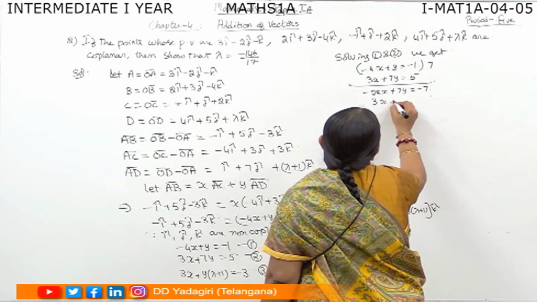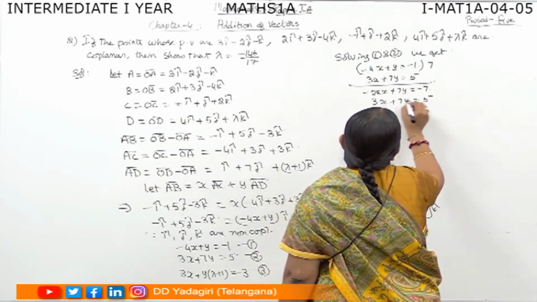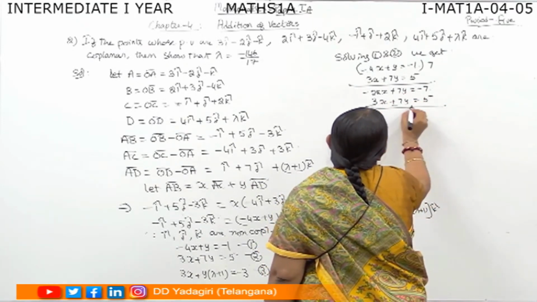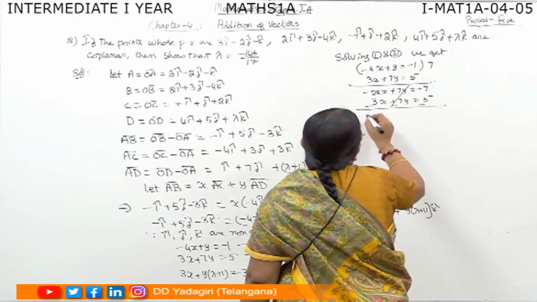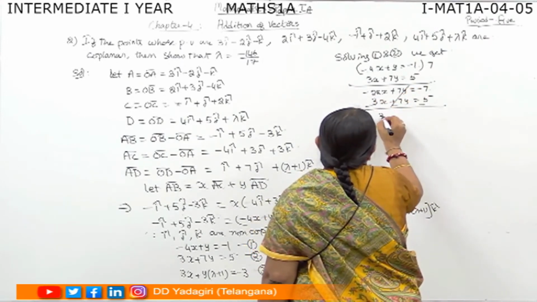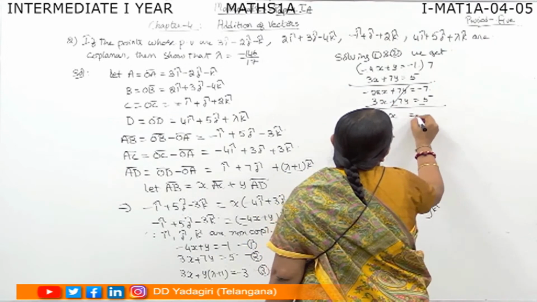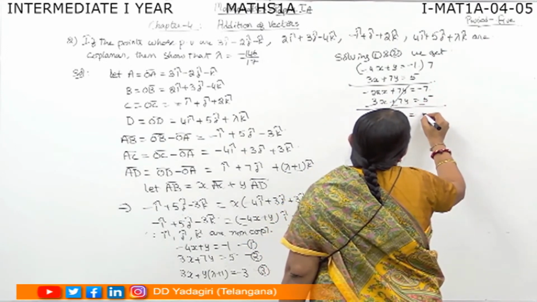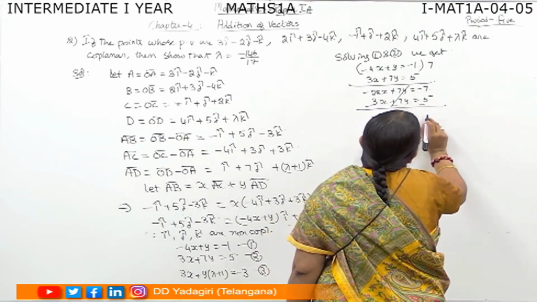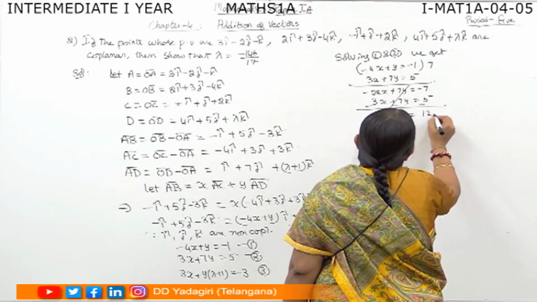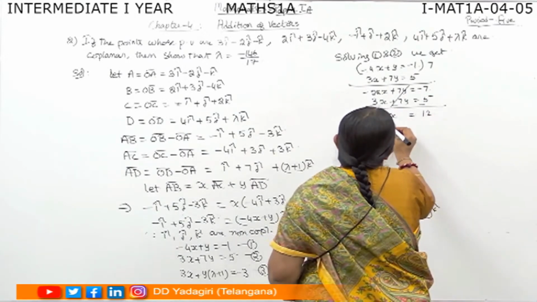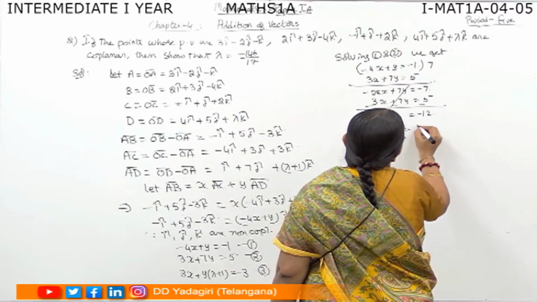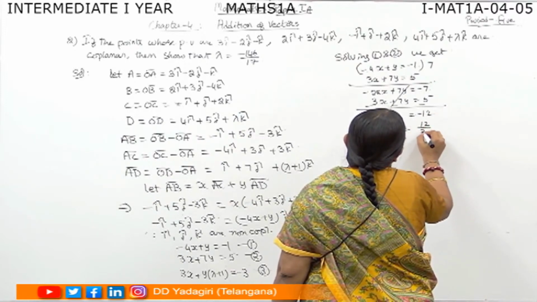This we write as it is, 3x plus 7y is equal to 5. Now we'll subtract, so the y terms get cancelled. 31x is equal to 12. So we'll get x is equal to 12 by 31.